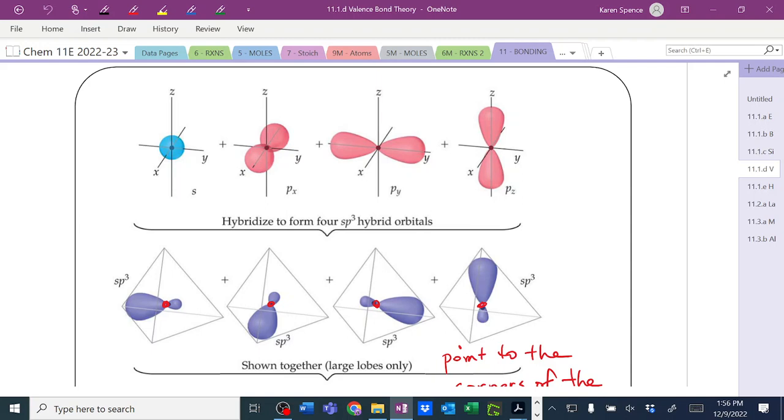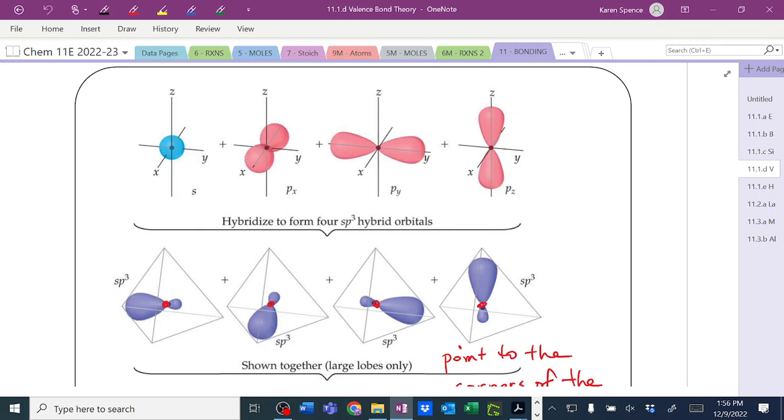So, for unhybridized orbitals, an s orbital, a p orbital, a p orbital, a p orbital. For unhybridized orbitals, make how many hybridized orbitals?